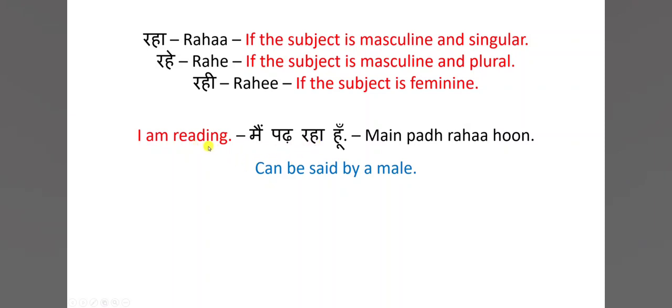Raha is ing. Okay? Adding raha to padh makes this a continuous form or a progressive form. So padh raha is reading. Okay.